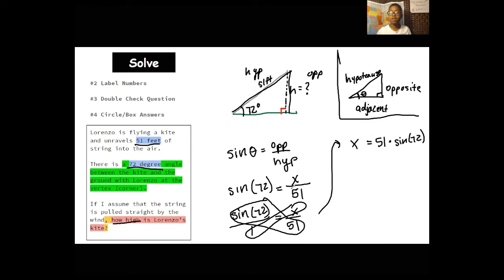And we don't want to round it. We want to keep it that length until we get to the final answer, okay? So we're going to just plug in 51 times sine of 72 degrees, and then whatever that answer is, then we'll round it, okay? So let's go over to Desmos and plug this into the calculator.